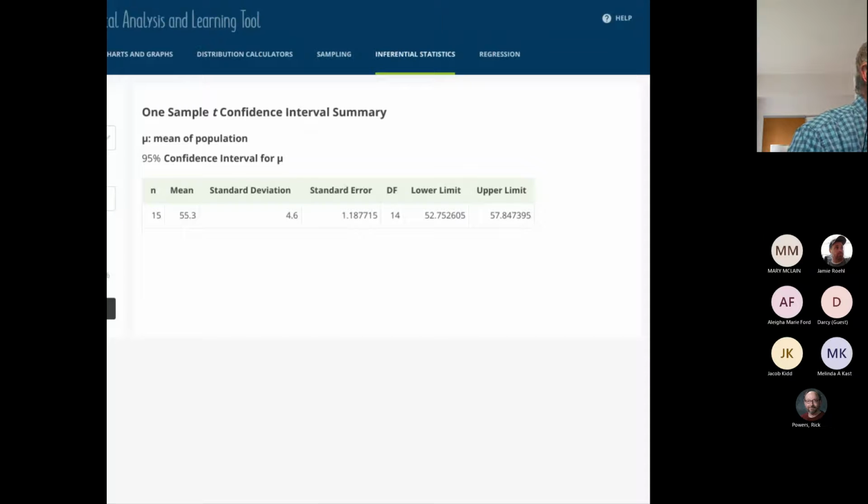And a T-score is something where we're using a different kind of process than we had with Z-scores. They're not the same. Okay?